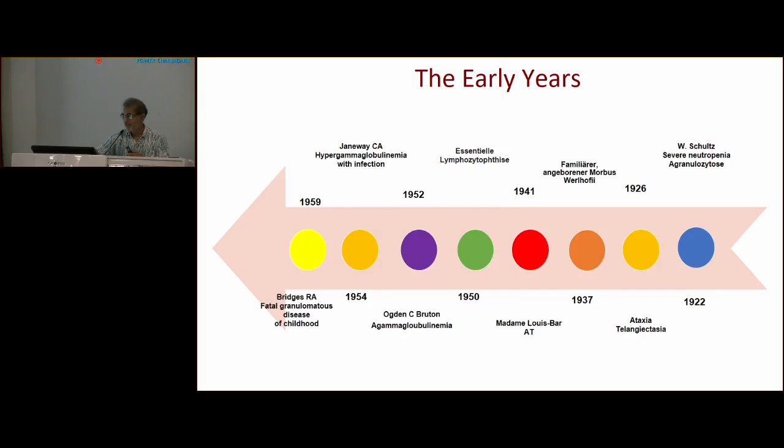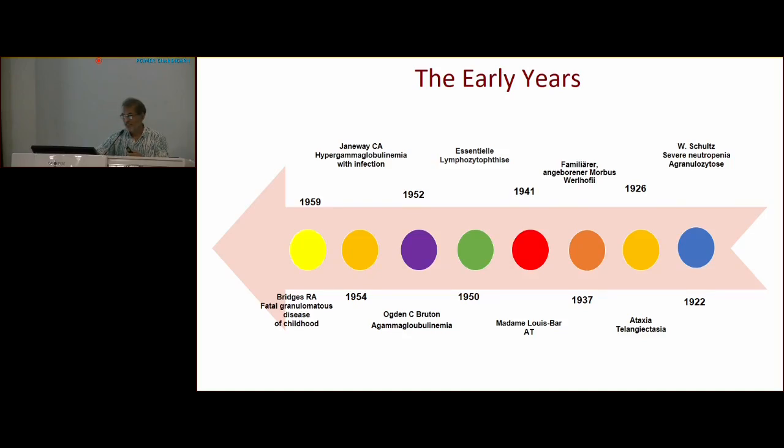Then in 1941, almost 15 years after ataxia telangiectasia was described, Madame Louis-Bar from France again described the different clinical manifestations of ataxia telangiectasia, including the cerebellar symptoms that these children have.